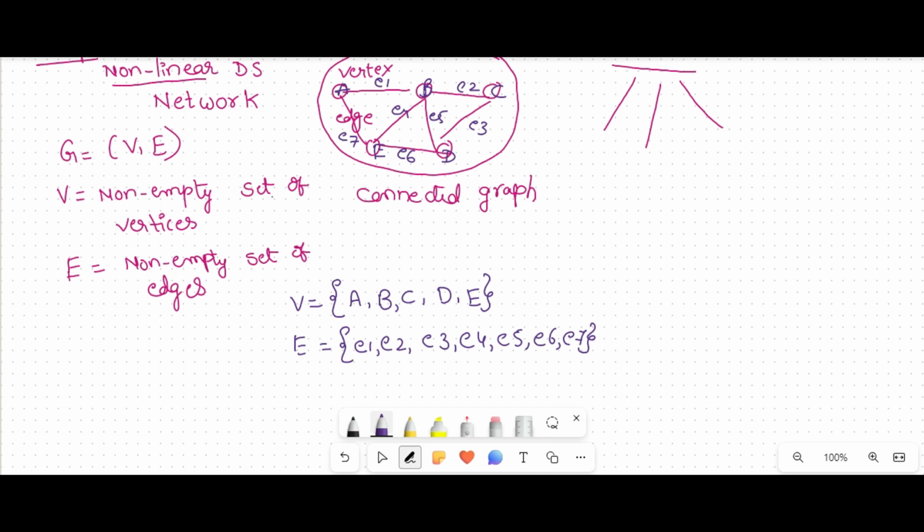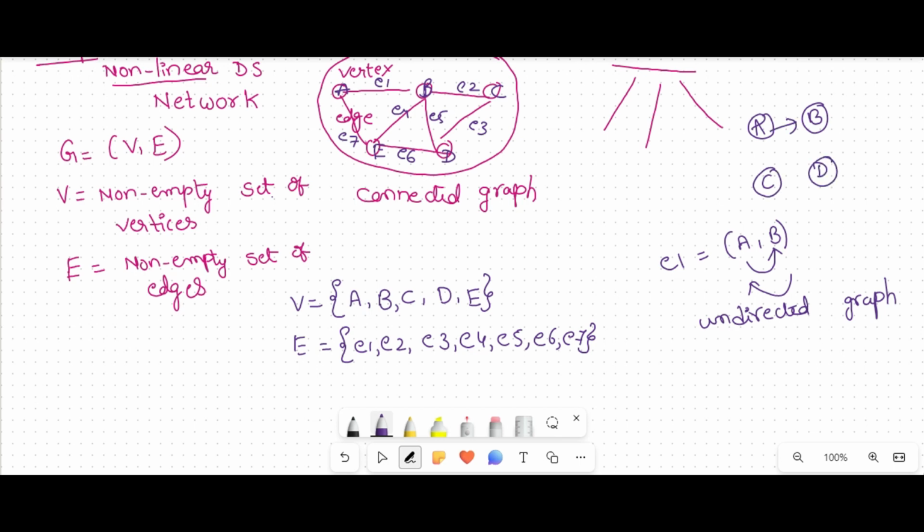E1 is an edge between A and B. This may be A to B or B to A, because there are no directions present in the graph. So that graph is called an undirected graph. If there are directions, like A, B, C, D, and I mention the directions like this, then it is a directed graph.